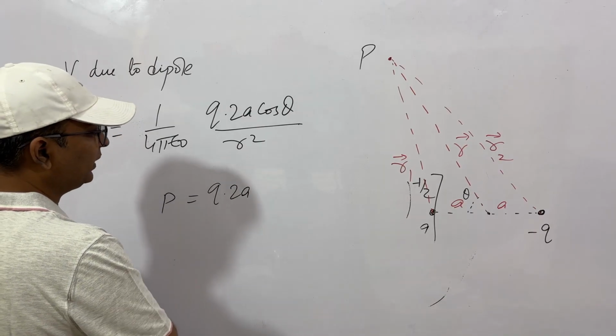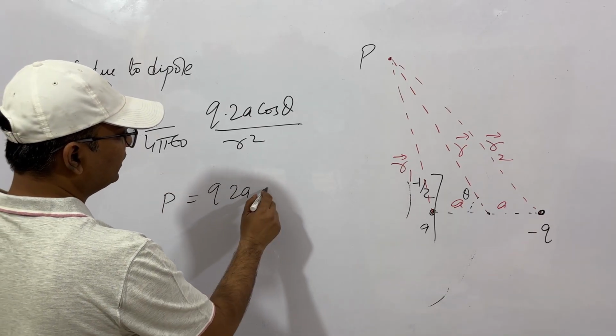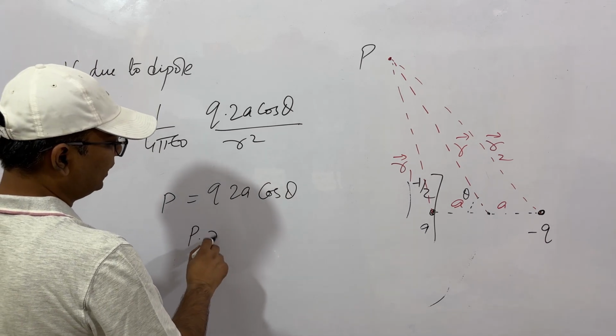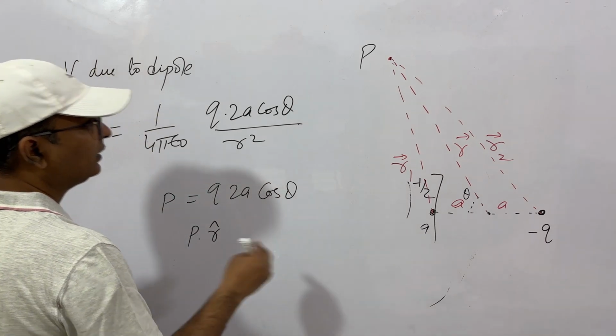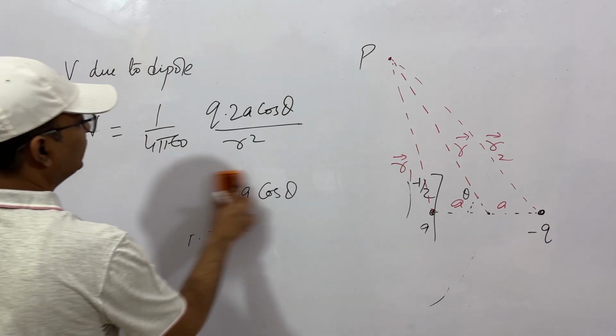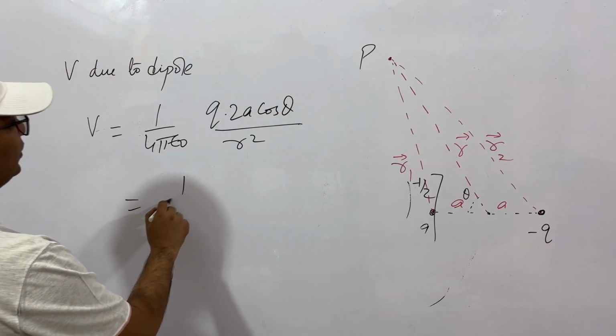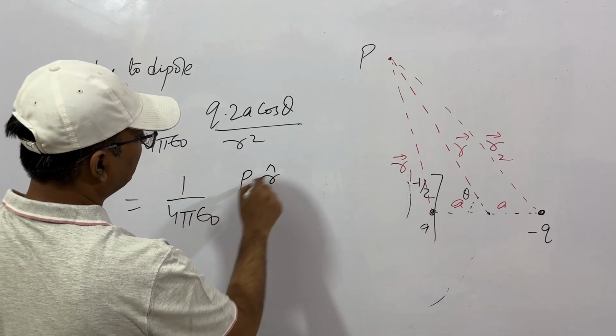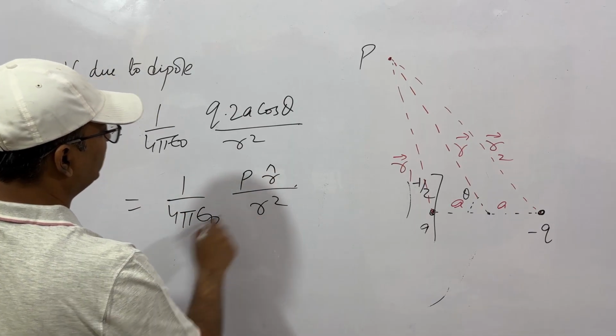This is the dipole moment, and when you multiply it with cos theta, what you actually do is take P dot R vector, that is the vector in the direction of this. This is P dot R cap. So this becomes 1 by 4 pi epsilon 0, P dot R cap by R square.